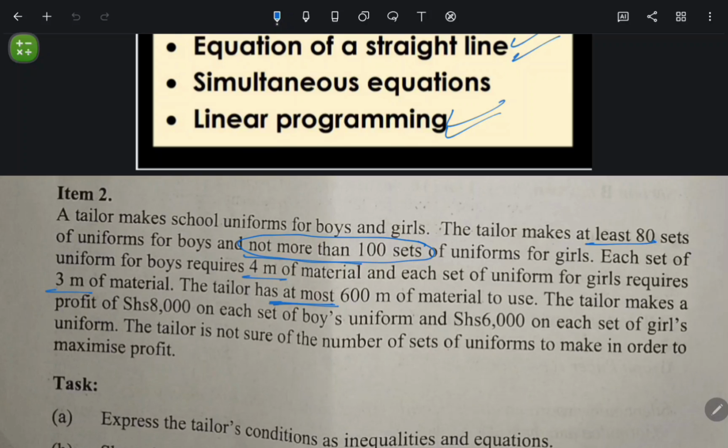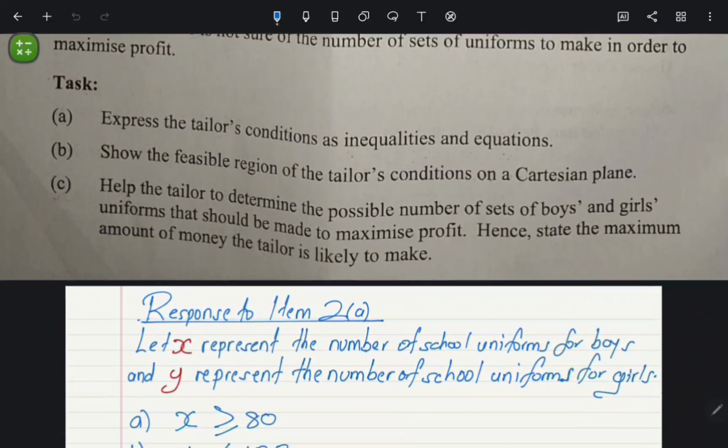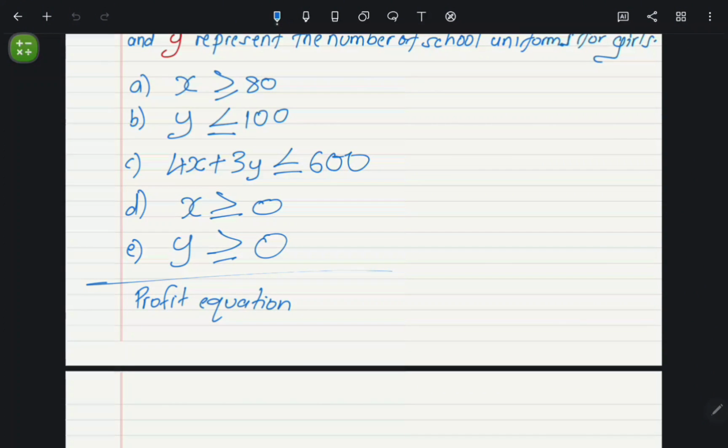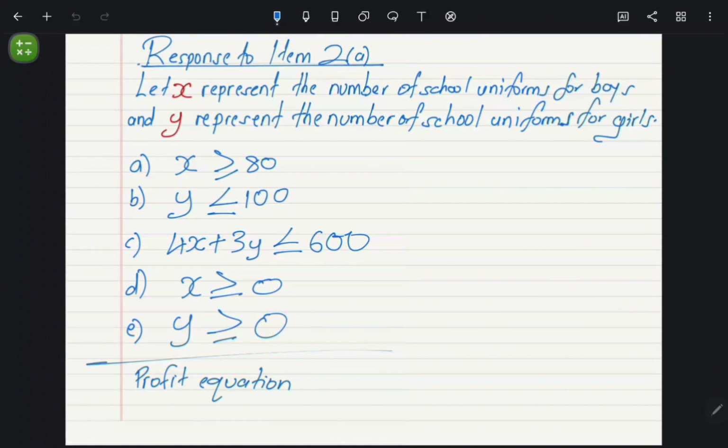So this statement here is going to help us to derive our objective function, or the profit equation, or the expression that is going to help us to figure out how many sets of uniform that tailor should make for each category of students. So the profit equation here is going to be 8,000x plus 6,000y.